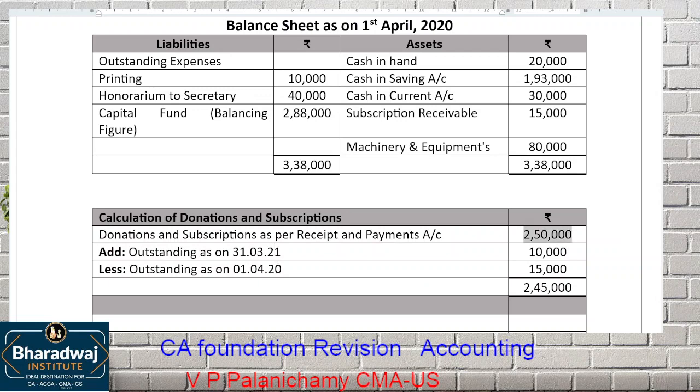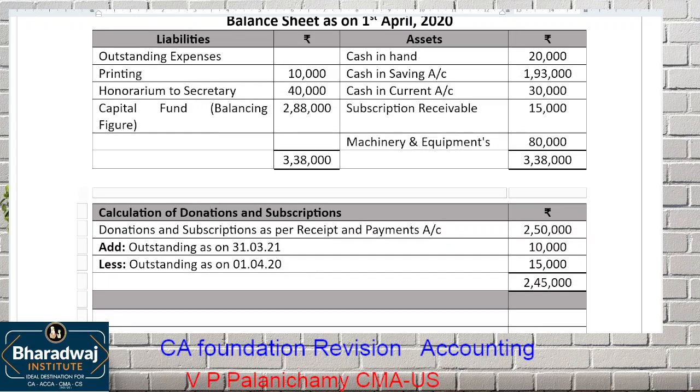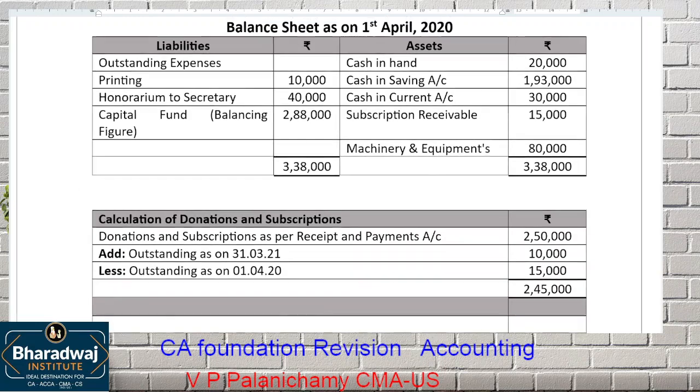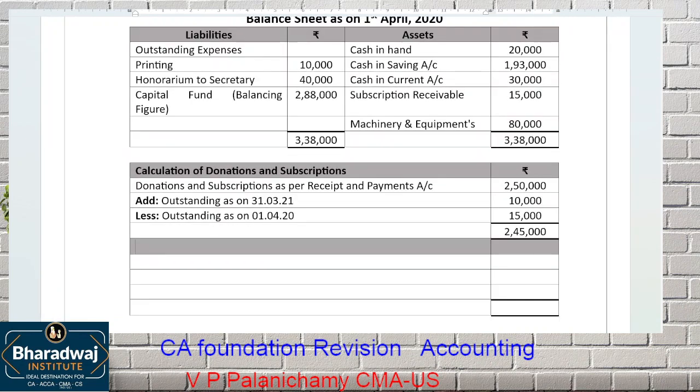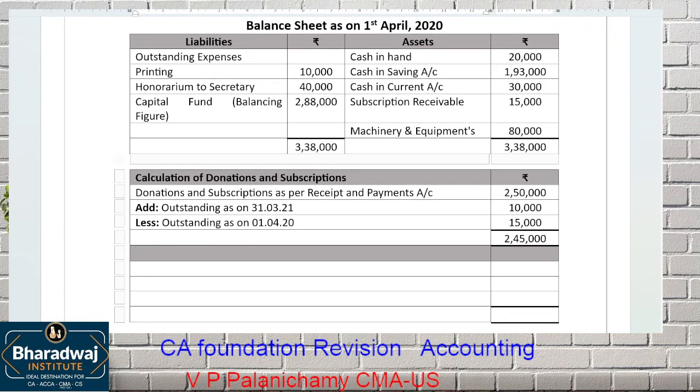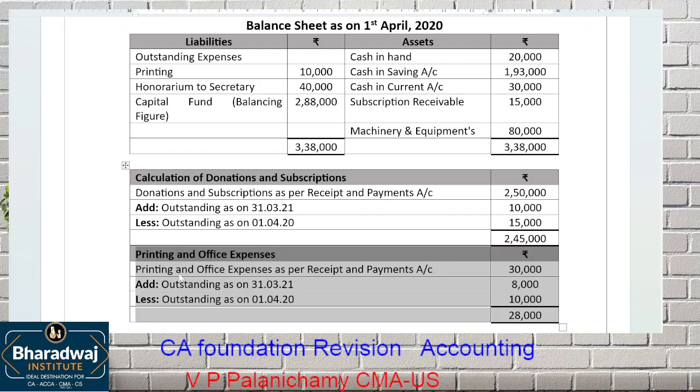So donations and subscriptions, add outstanding at the end of the year minus at the beginning of the year will give us the income for the current year. You can do it as a working note, or show directly in the income and expenditure account. Printing and office expenses, add outstanding at the end of the year minus outstanding at the beginning of the year. This adjustment can be done in the income and expenditure account itself.